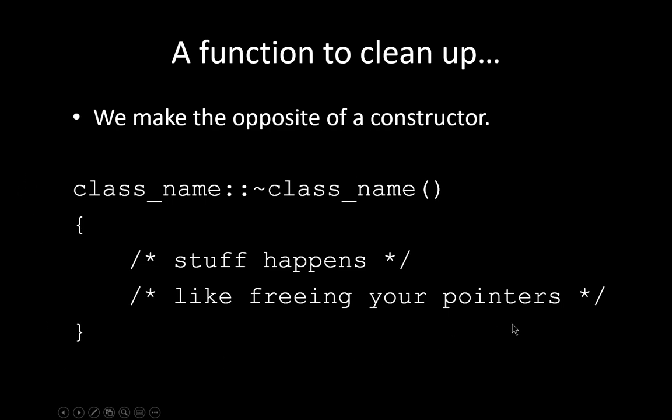It looks, in the way it's defined, exactly the same way as your constructor, except you put your little squiggle right there. So class name, colon, colon, tilde, class name. And then all the stuff you want to do when your class is no longer used, like freeing up memory, deallocating things, closing files, that's what you're going to want to do in here.